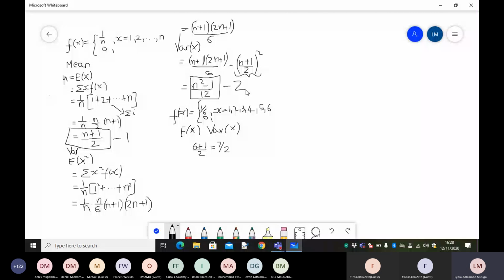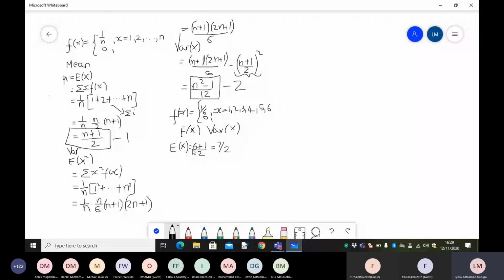So to get expectation of x, we substitute in equation 1, and that is why I wrote 6 plus 1 over 2. And so for that particular example, the expectation of x is equal to 7 over 2.